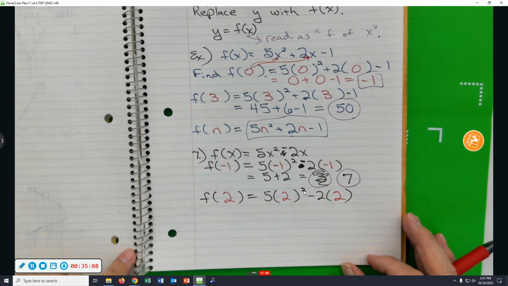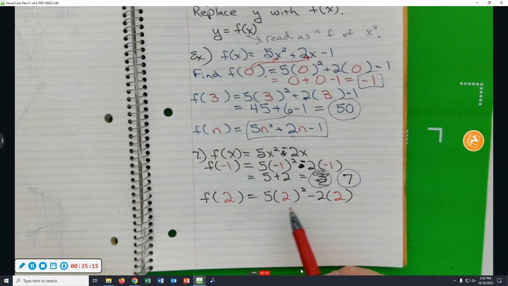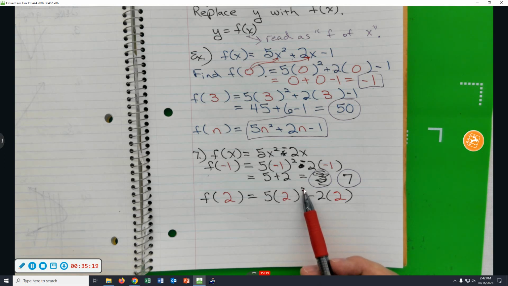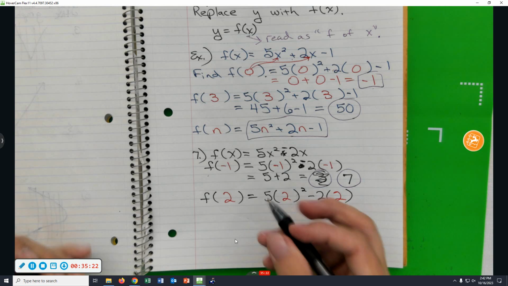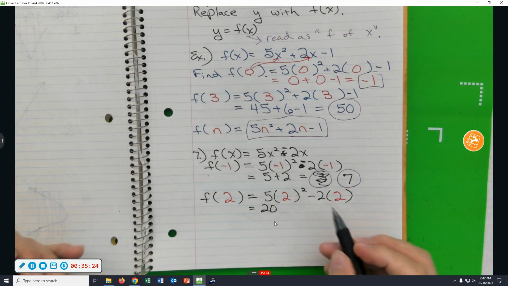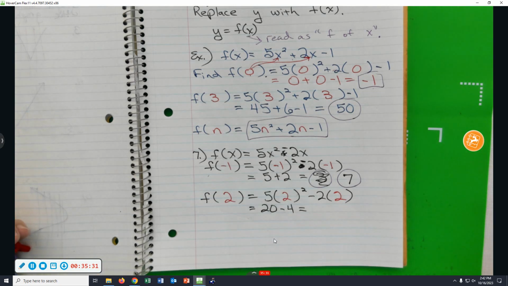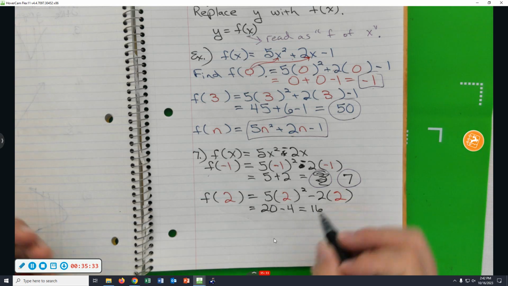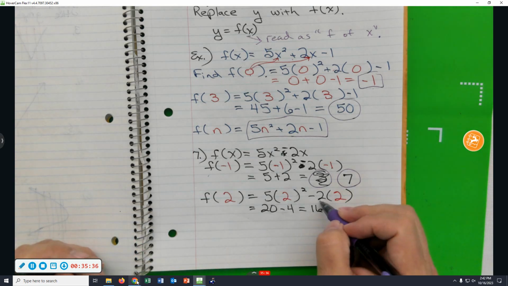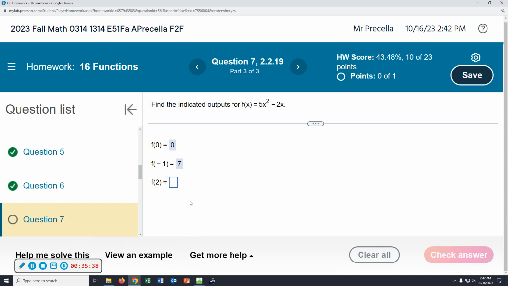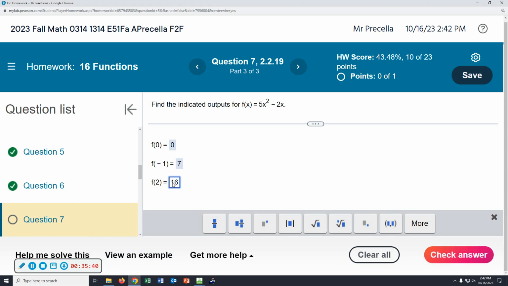You square first, then multiply. You don't multiply first and then square. You get completely the wrong answer. Okay, so 2 squared is 4, times 5 is 20. Minus 2 times a positive 2 gives me 4, to give us a y value of 20 minus 4, which is 16. So when x is 2, the y value is 16.